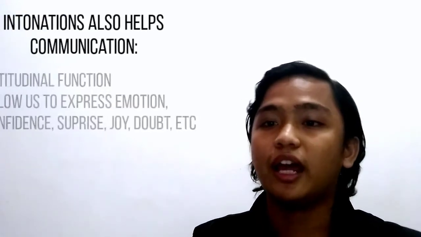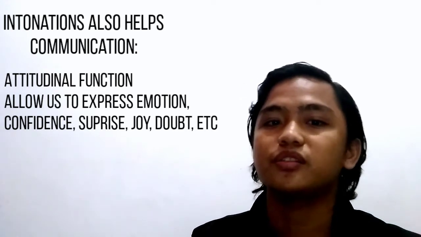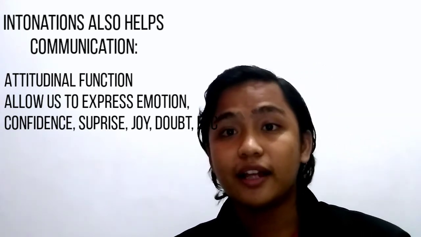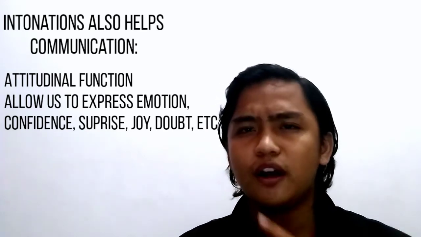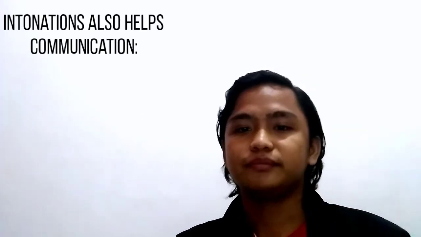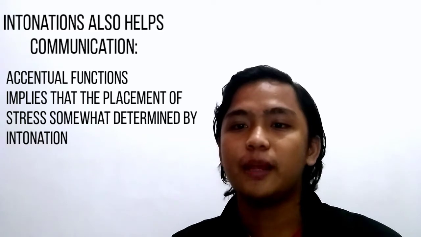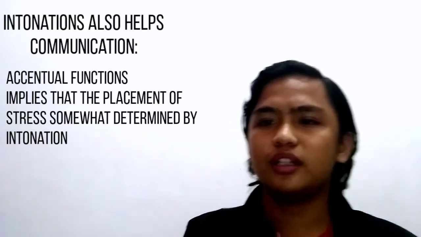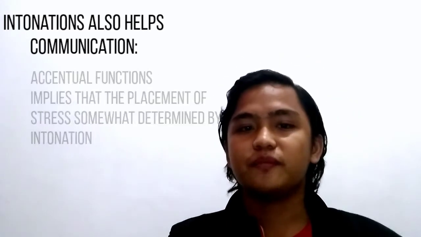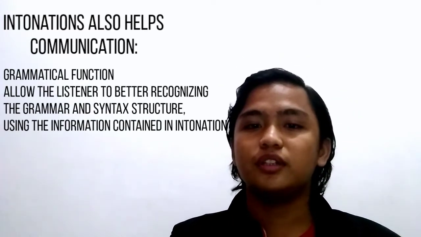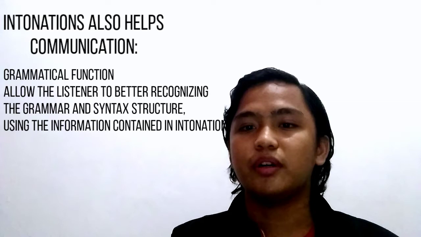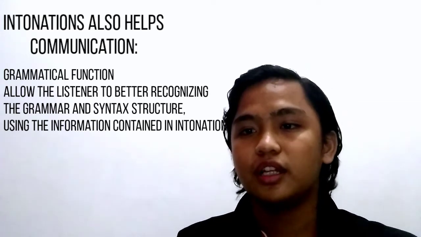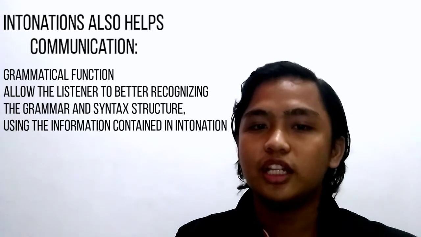Some of them are attitudinal functions, which allow us to express emotion, confidence, surprise, joy, doubt, etc. Accentual functions imply that the placement of the stress is somewhat determined by the intonation. Grammatical functions allow the listener to better recognize the grammar and syntax structure of what is being said by using the information contained in the intonation.